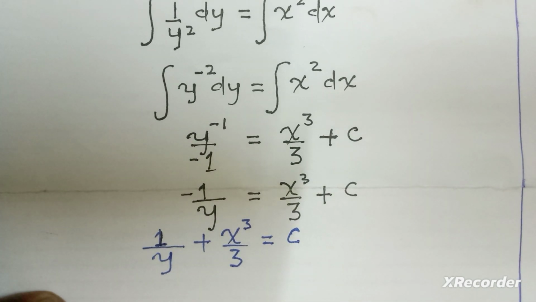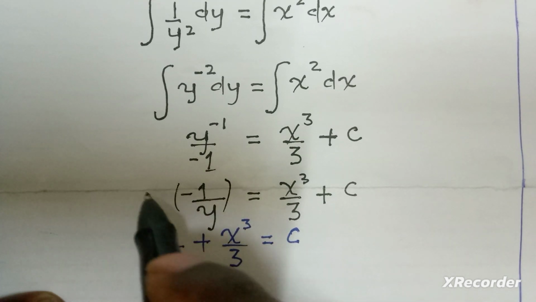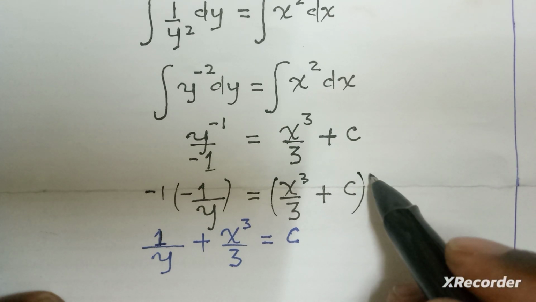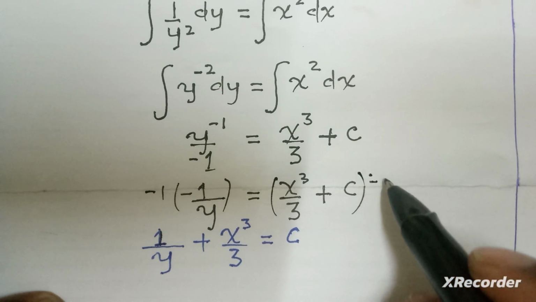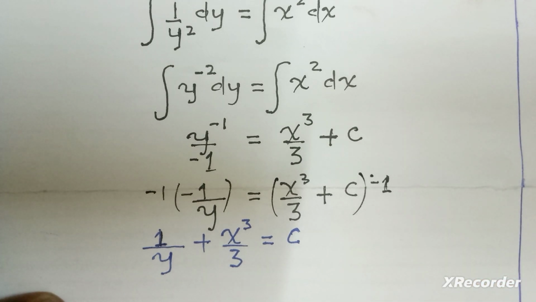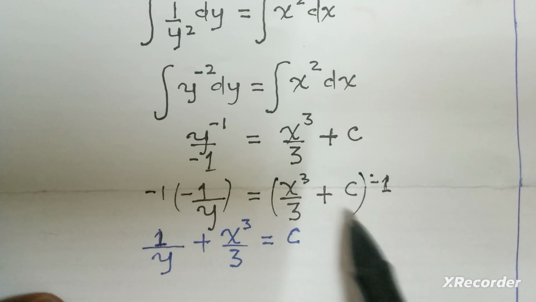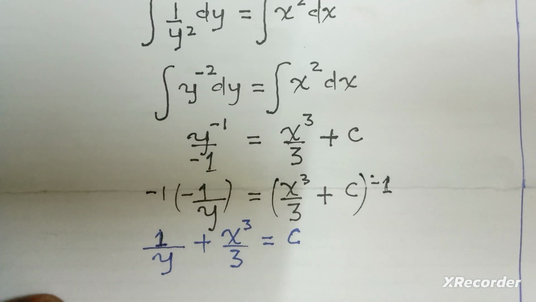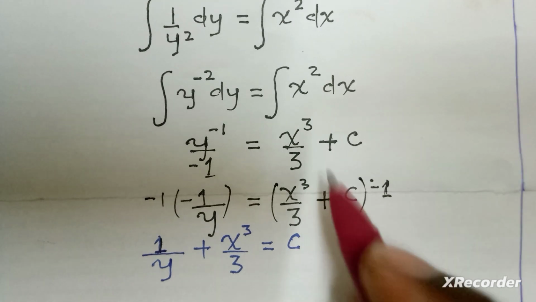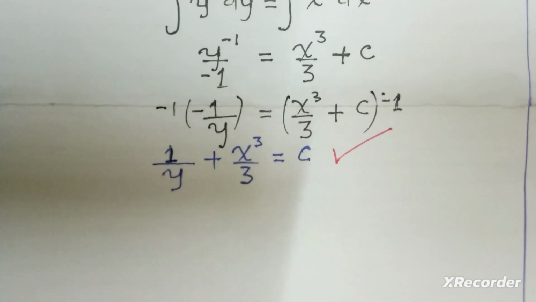So we have gotten that by multiplying this side by -1, and this side we have also multiplied by -1. But please note guys that since this is a constant, it can be negative or positive because we do not know what the constant is. So this is going to be our solution, guys, for that question. That is our solution.